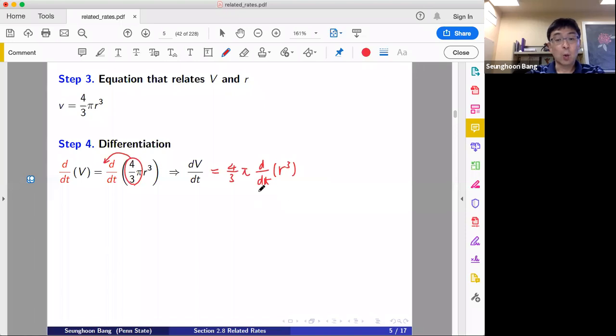Do you know what the derivative of r cubed with respect to t is? What is r cubed prime? Could you write your answer on the chatting board? What is d of r cubed over dt?